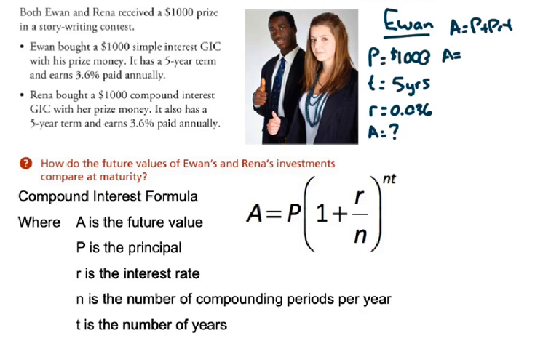So his A, his final amount, is $1,000 plus 1,000 times 0.036 times, I'll redo that, that is a 5 for his 5 years.